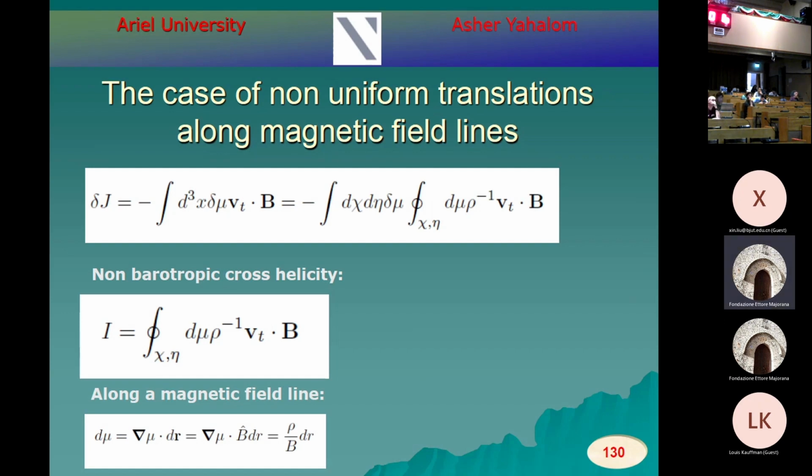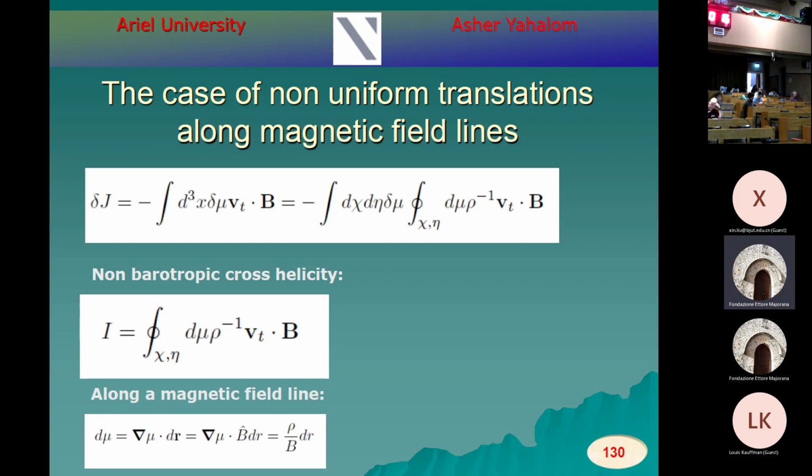Delta mu now you cannot take out of the integral because it depends on space. But you can change the coordinates to the labels, and then you get this form. You have the integral d chi d eta over delta mu, and this is a line integral going along a magnetic field line with velocity dot magnetic field divided by rho, and this is the integral over mu. So essentially you get a local non-barotropic cross-helicity, which is this I. This is a conserved quantity.